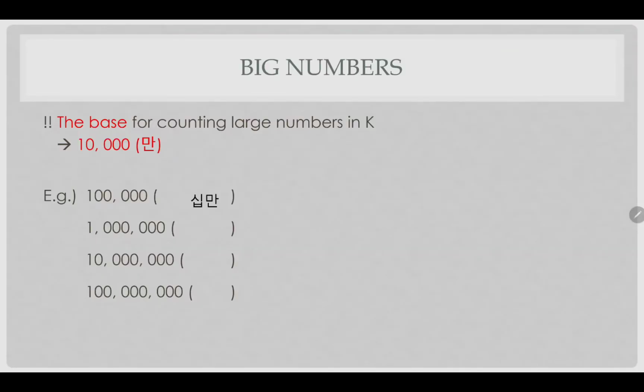Okay. Let's go for bigger numbers. I kind of said something about this. The base for counting large numbers in Korean is 10,000, which is 만. Whereas in English, you jump by 3 zeros. So this is 1,000, right?